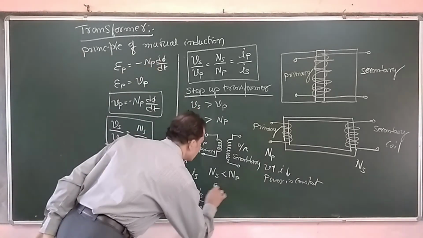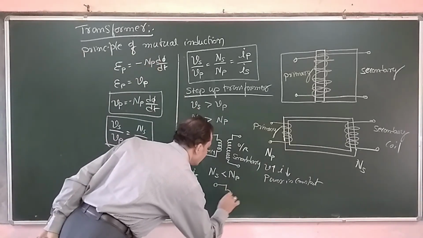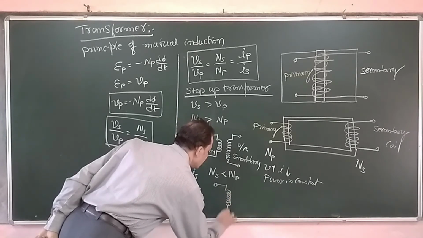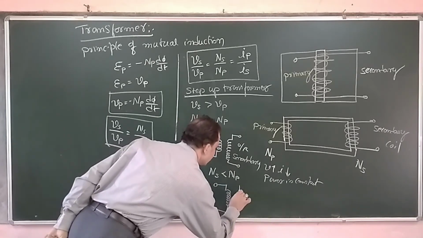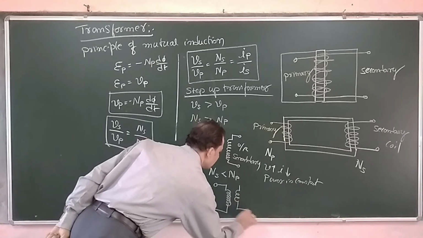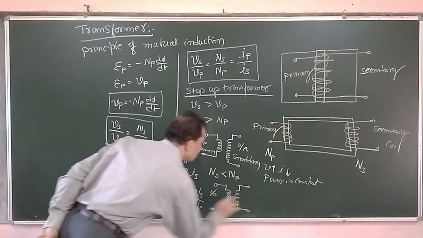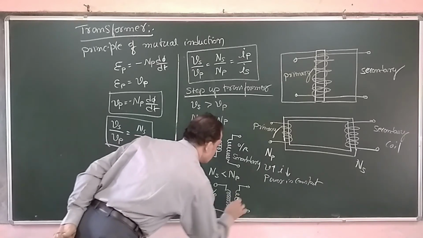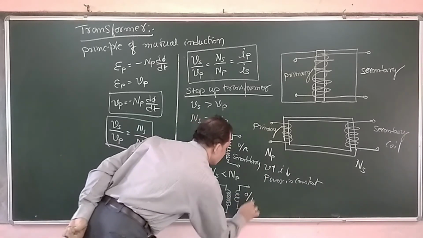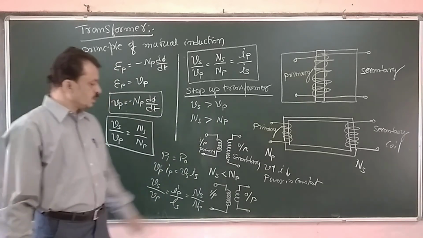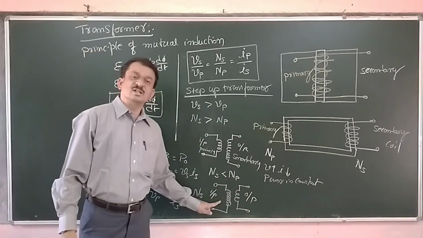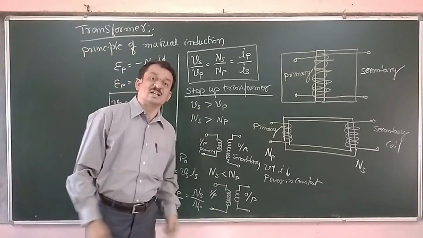Now the circuit symbol for this case is we are having more number of turns in the primary, but only a lesser number of turns in the secondary. This is input, this is output. This is step up and this one is step down transformer.